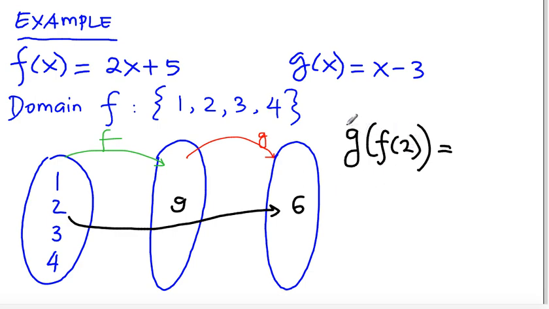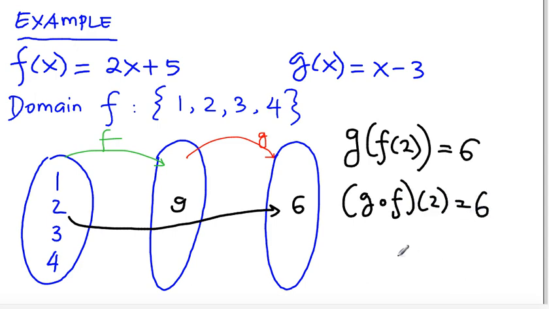So it means the final result after doing this composition of the two functions f and then g, the image of 2 will be 6. Or again, I could also write it this way, and it just means exactly the same thing. Image of 2 after the composition of function f and g is 6. So very simple.